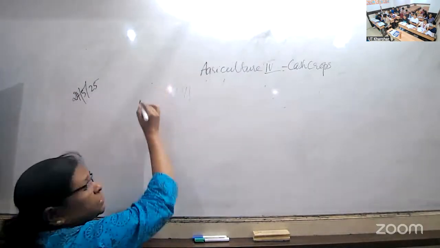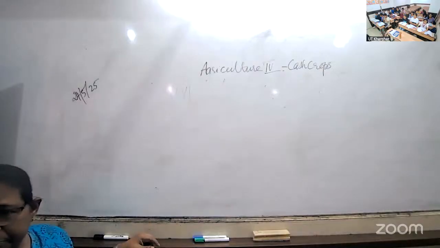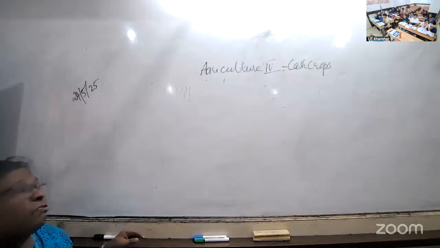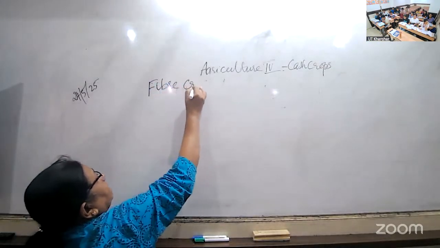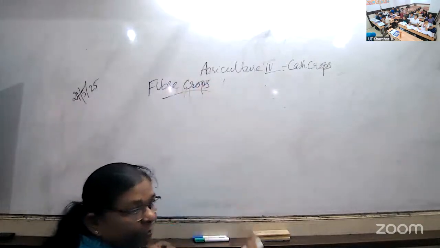What is the first type of cash crop? Cotton and jute, what type are they? Fiber crops. What is fiber? Can you tell what is fiber?